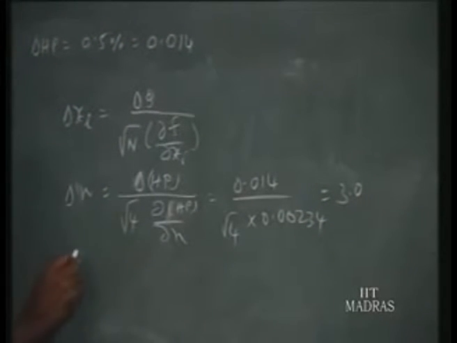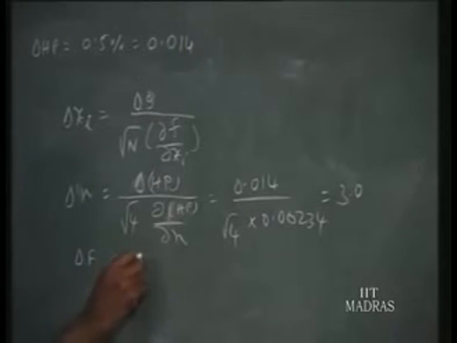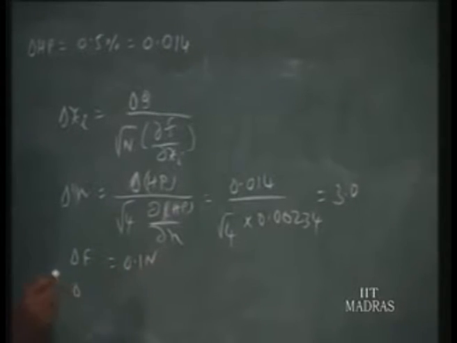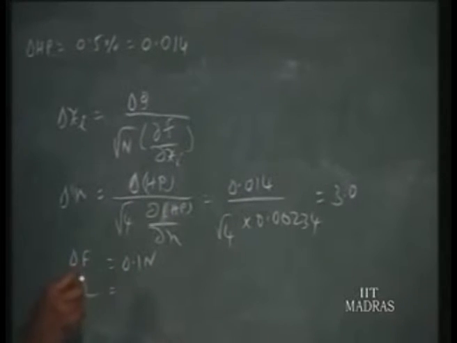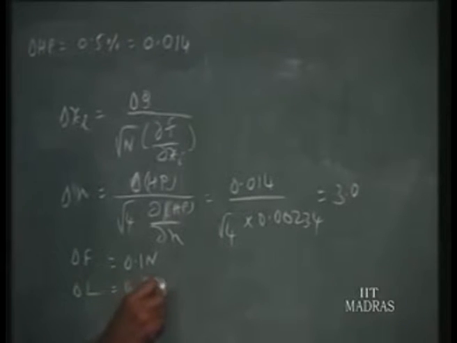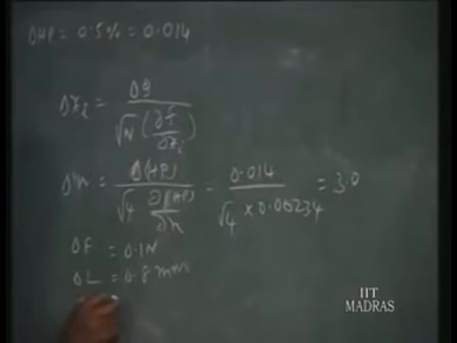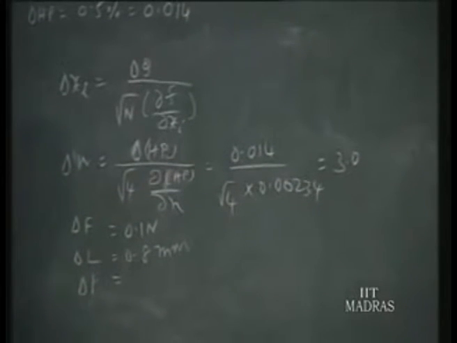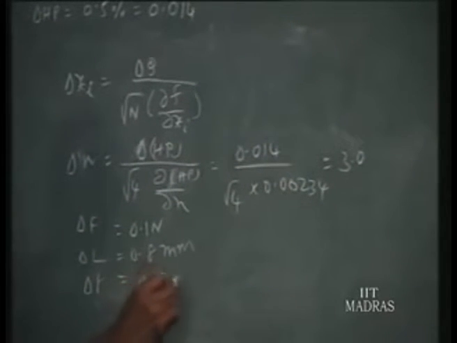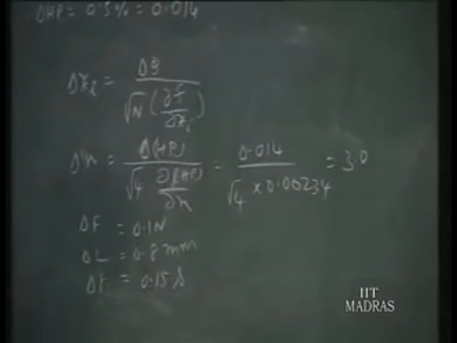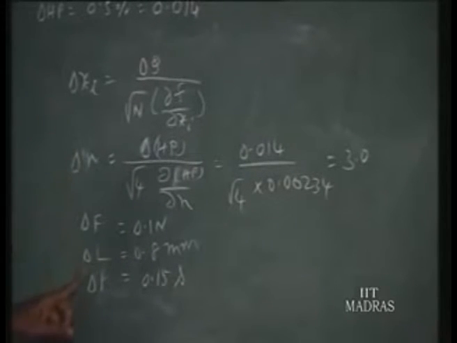Similarly, you find for the other parameters. Next parameter is dou f, that will come around, if you work it out in the same way, 0.1 Newton, and delta L is equal to 0.8 millimeter, and delta T, the time measuring instrument, should have an error of 0.15 second. So these are the permitted errors in the measurements.